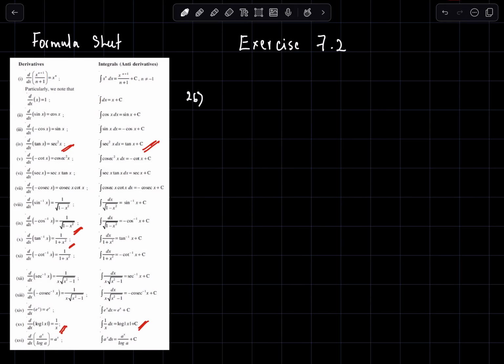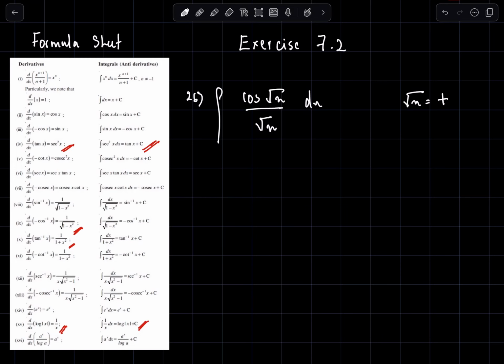26. So what do we have for 26? Cosine root of x divided by root of x. Interesting. Now this is quite simple because you have the integral of cosine of x, but there's no root of x, so root of x is equal to t.